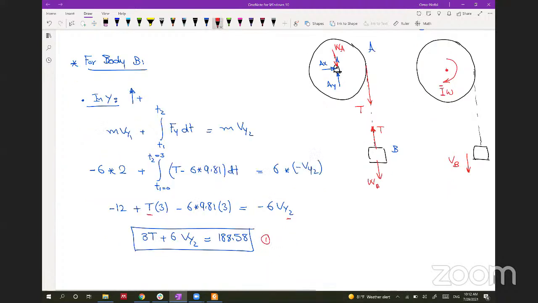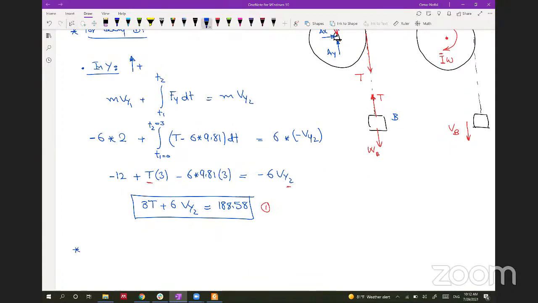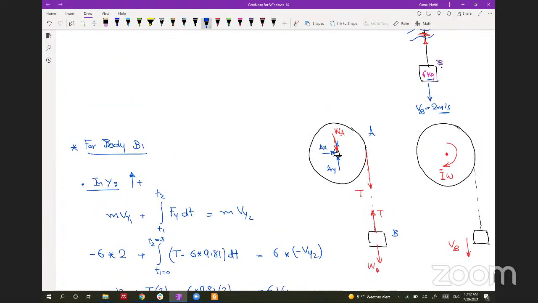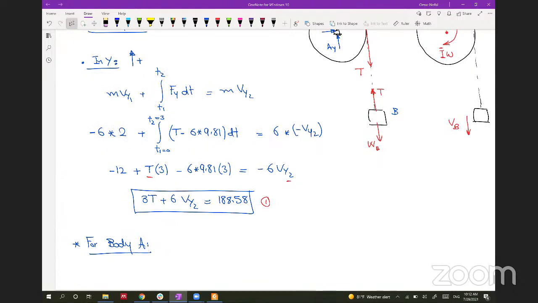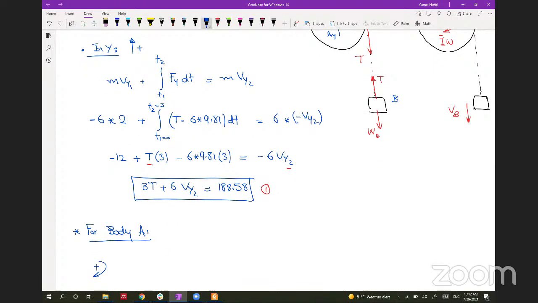So let's get the second equation from the other body, body A. For body A, we will only do the angular momentum equation because we know that this body is not moving in X or Y direction. Let's assume that the positive direction is in this way.